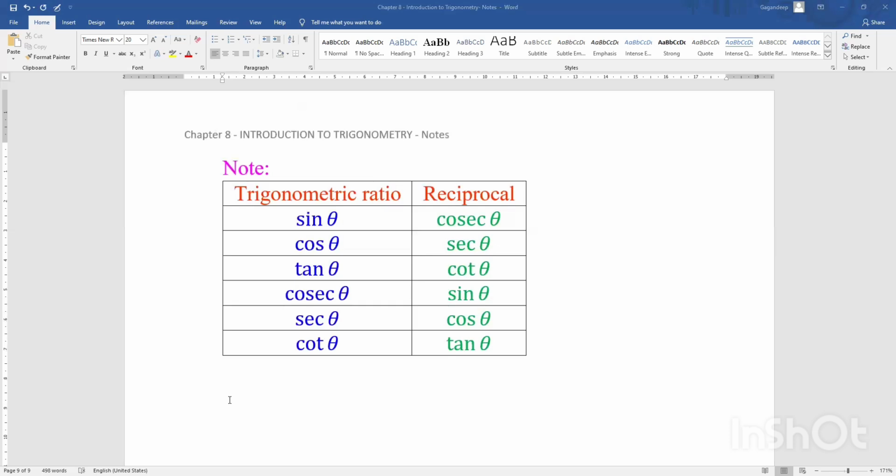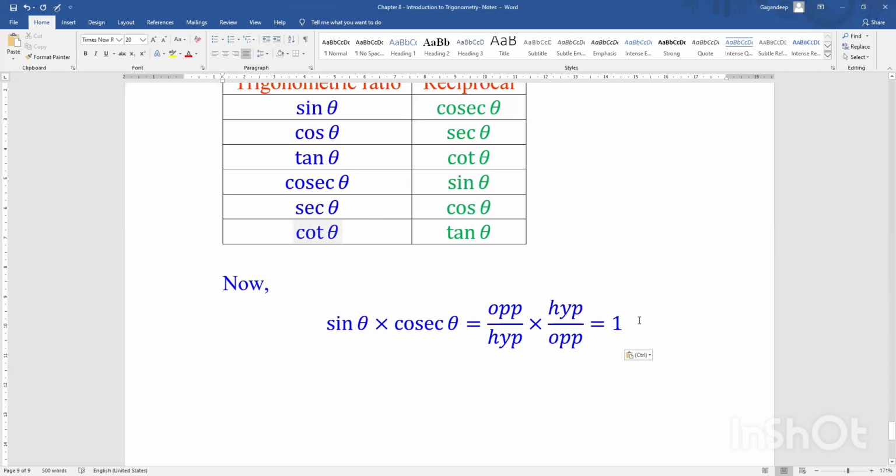Now, how it is reciprocal, let us try to understand. So now we have sin theta into cosecant theta.